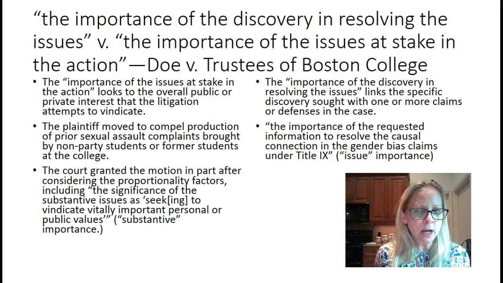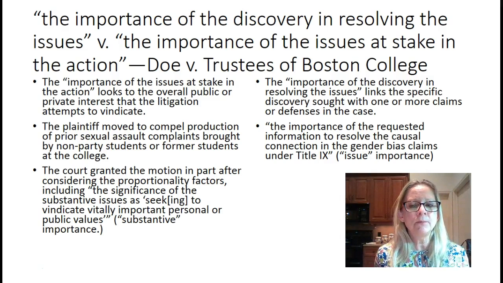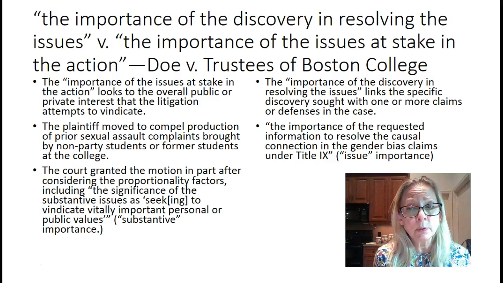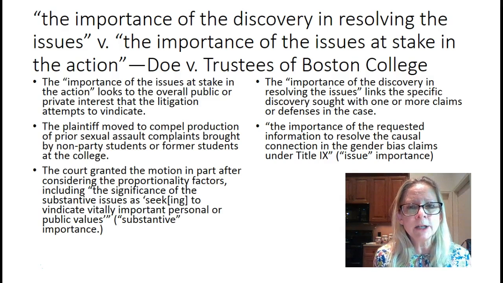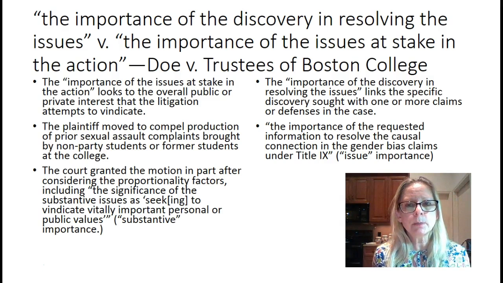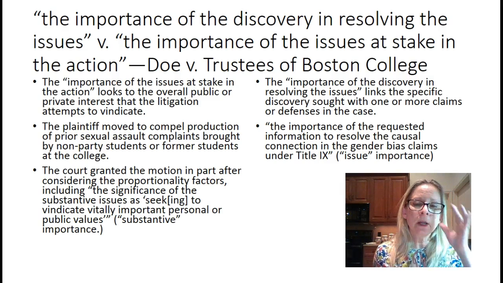So this is a Title IX discrimination claim, considered to be a vitally important public and private value. On the other hand, the factor, the importance of the discovery in resolving the issues, links the specific discovery sought with one or more claims or defenses in the case. So I would call that issue importance. I would call the other one substantive importance.